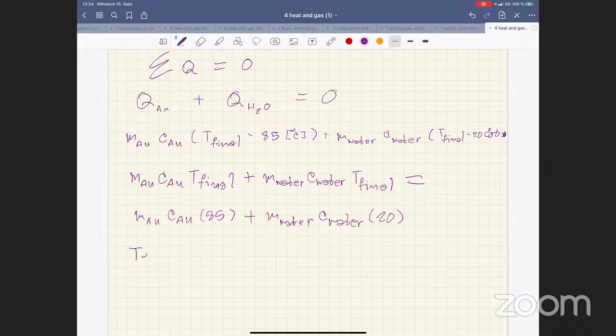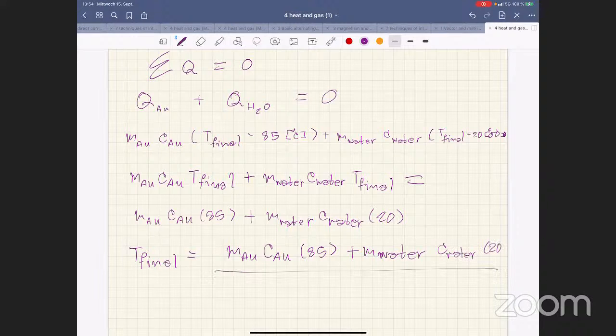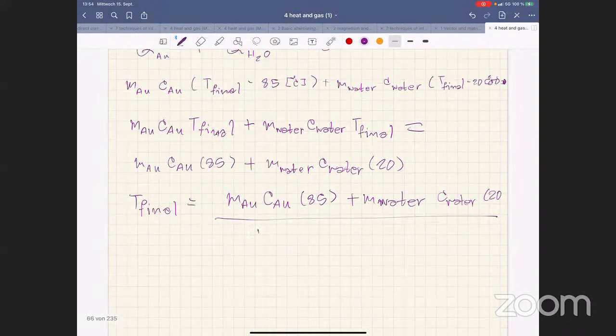So T final will be M AU, CAU, and 85 plus mass of water and C of water times 20, divided by everything without. Okay, MAU, CAU, right? Mass and specific heat of the gold, and mass of water, H2O.